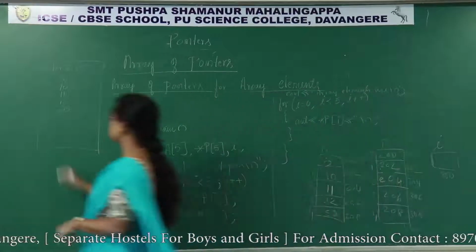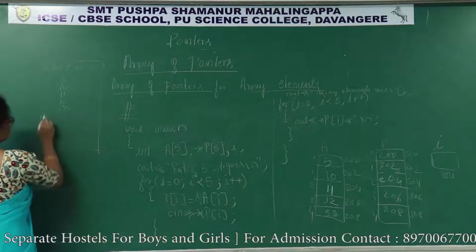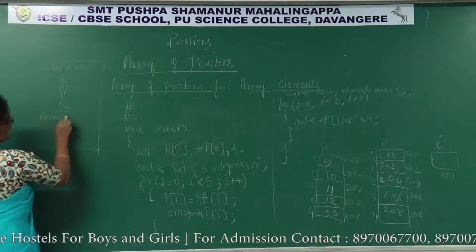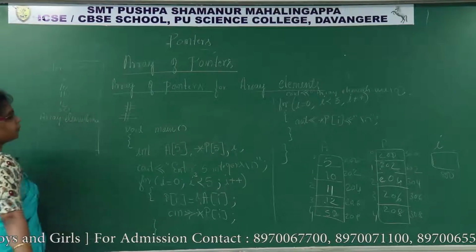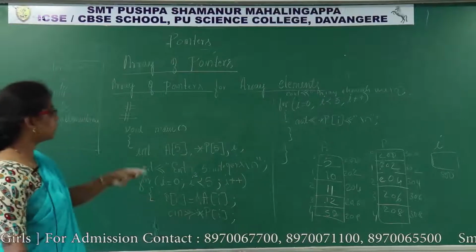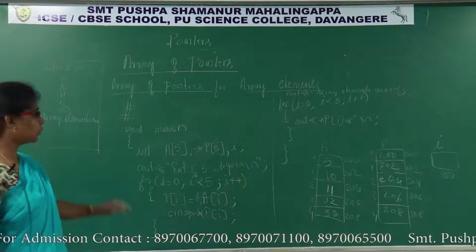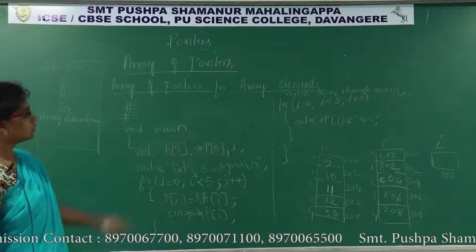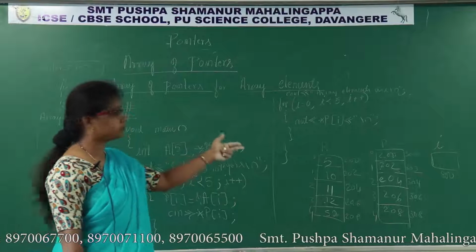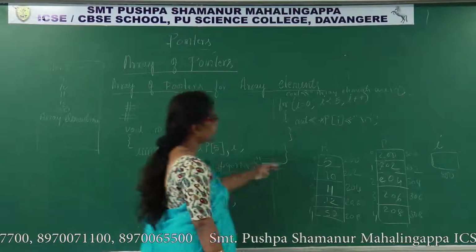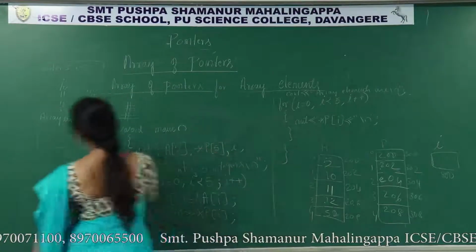So this will be displayed on the screen. One by one, whatever values we read for this array will be displayed one by one on the screen. So I is 0, P of 0 means 200, star 200, this value 5.